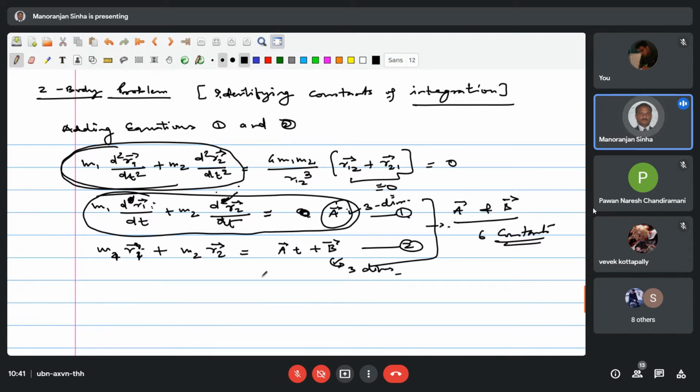And there is some message hidden in this place. This quantity is nothing but m1 plus m2 times r_cm. This is the definition of the center of mass.